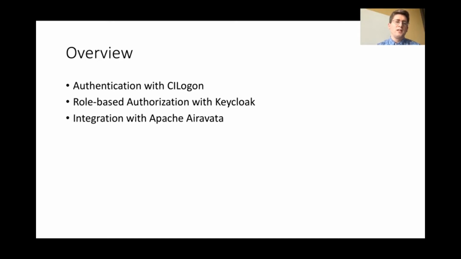We use that to integrate with CILogon, and we also use it for role-based authorization, and I'll talk about how we integrated that. But I hope that even if you have a gateway that's not using Airavata, some of the general principles here will be applicable.